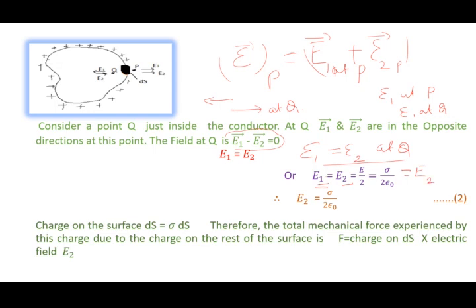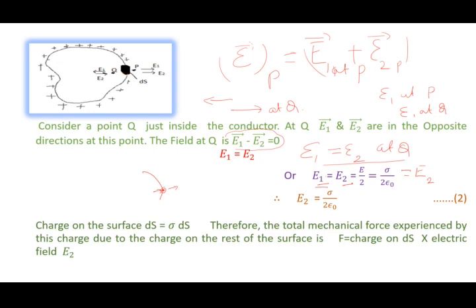Now you observe that at the surface I don't know what is the field due to the rest of the charges on ds. I don't know the electric field at this point, but at point Q, E2 is in this direction, and at any point P just outside the conducting surface it is also in that direction, and magnitudes are the same.